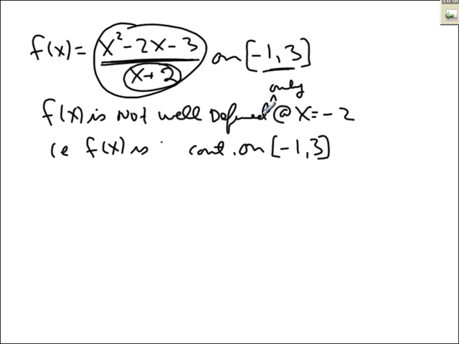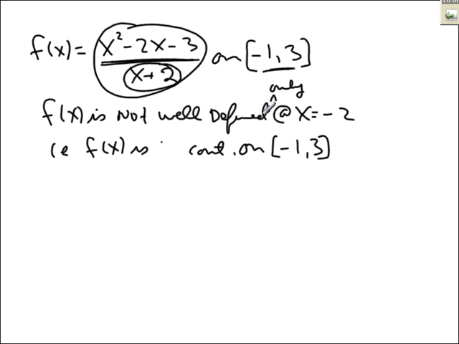A rational function, one polynomial divided by another polynomial, is only discontinuous where the denominator is 0. It's only discontinuous or not well defined, which means discontinuous, where the denominator is 0.